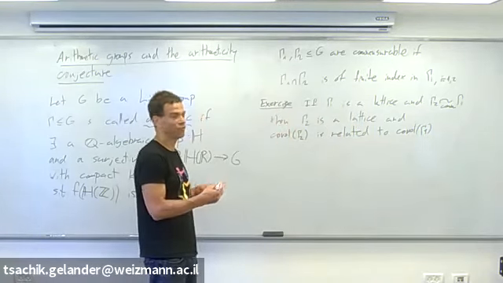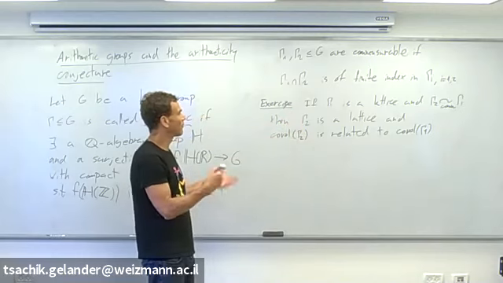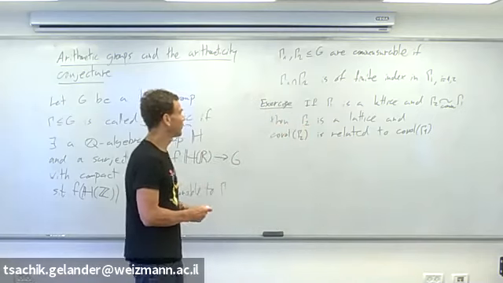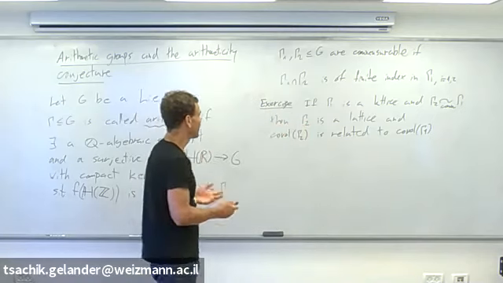So the ratio between the co-volumes is opposite to the ratio between the indices of the intersection. So if one is a lattice then so is the other.